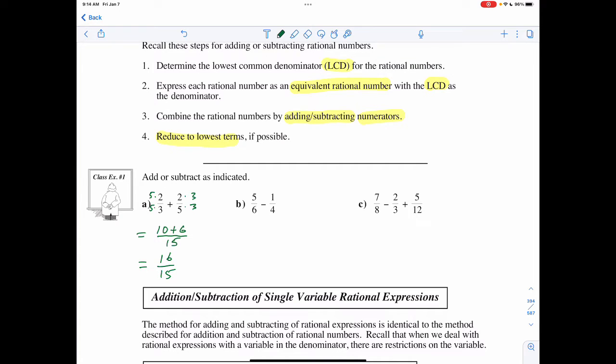I'm going to do the same process for the next one. I'm going to say, well, when I take a look here, what is the lowest common denominator between 6 and 4? And that's going to be 12. So I need to multiply the first fraction by 2. I need to multiply the second fraction by 3.